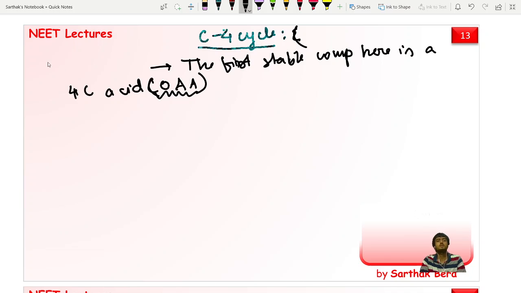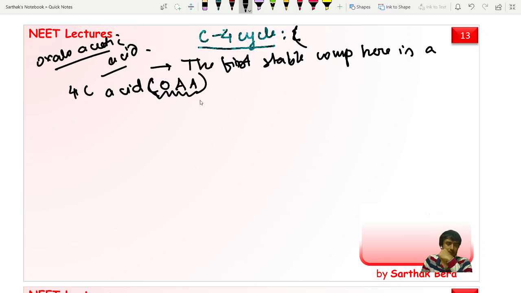Oxaloacetic acid, OAA, a 4 carbon acid. So, C4 cycle.